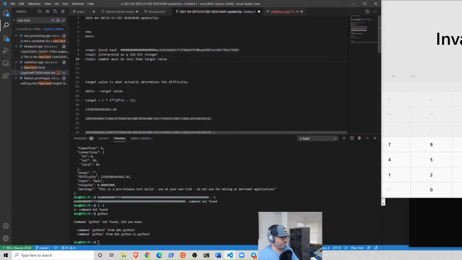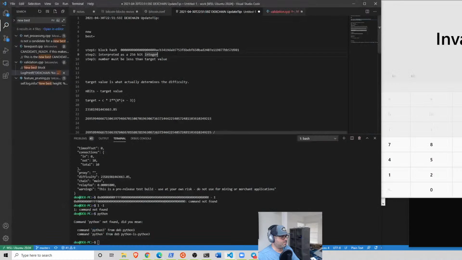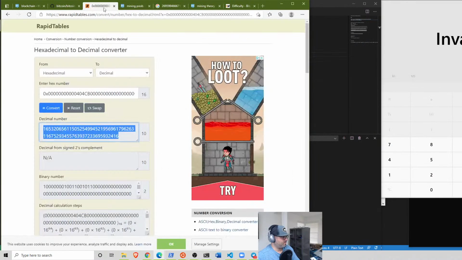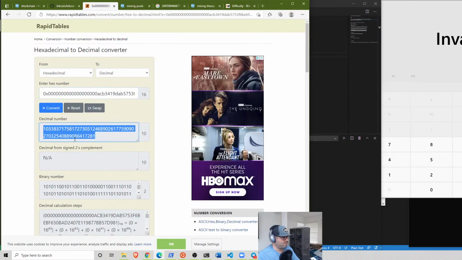So step 1, interpret as a 256-bit integer. I believe I just go from, I may be wrong, but I think I was right. So this is our hash. We just put a 0x, and we do hexadecimal, and then this is our number.